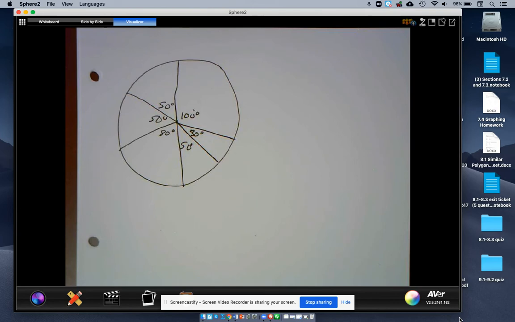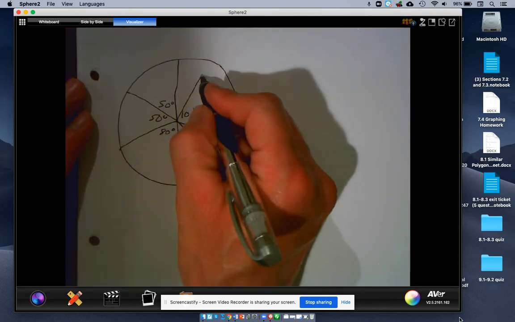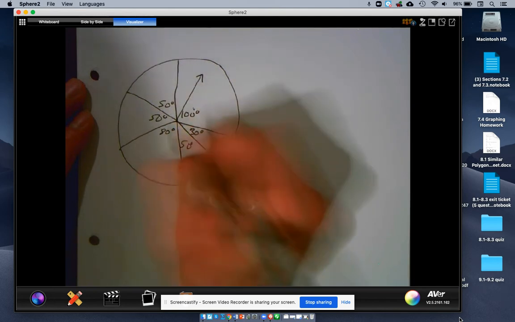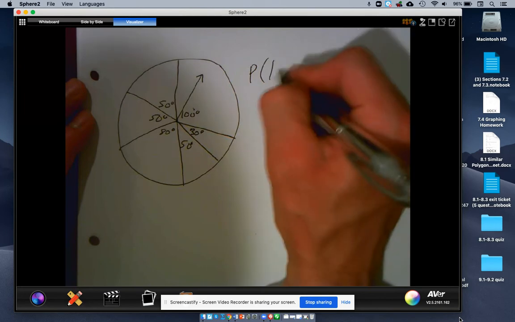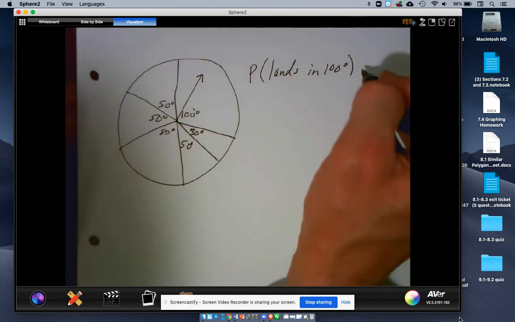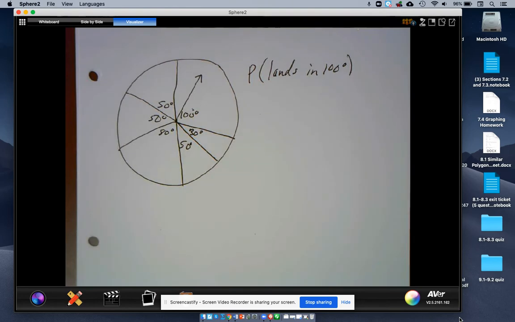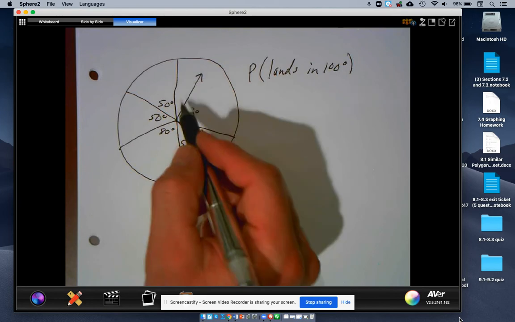So now we're set to do the problem. We have this spinner, like this arrow that goes out, and you're going to click that arrow, it's going to spin around and land somewhere. So let's say the probability that it lands in the 100-degree range. In that 100-degree sector, we call this thing a sector, that it would land in there.